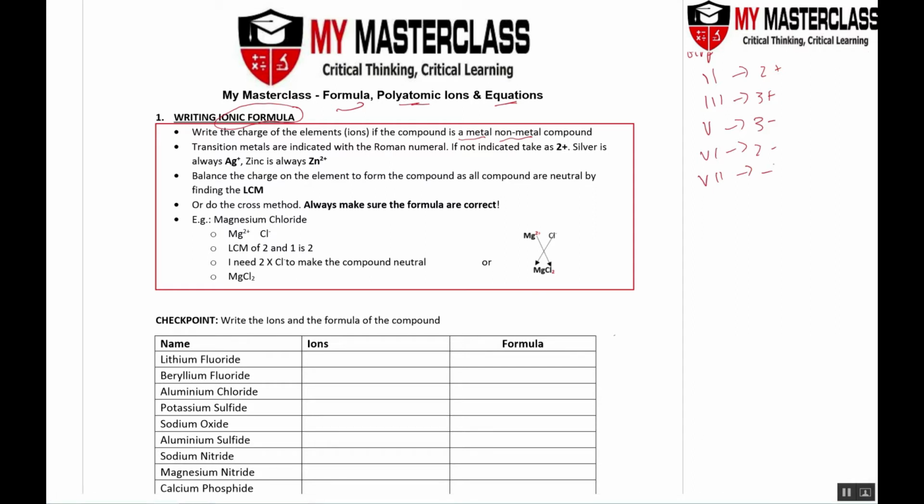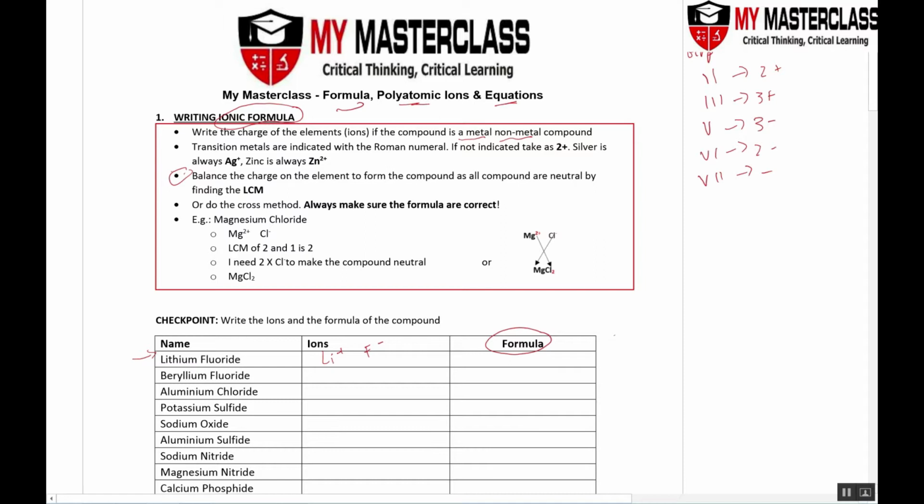Let's look at some examples at the bottom. If we have lithium fluoride, from your periodic table, lithium is under group 1, so it will form Li+. Fluoride is under group 7, so it will form F-. The method we are going to use to write the correct formula is to balance the charges on the elements.